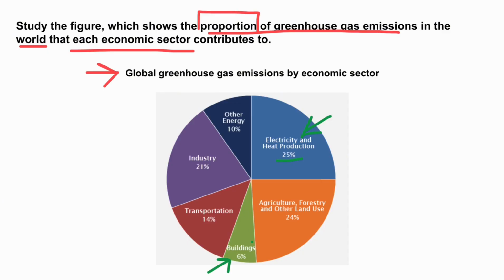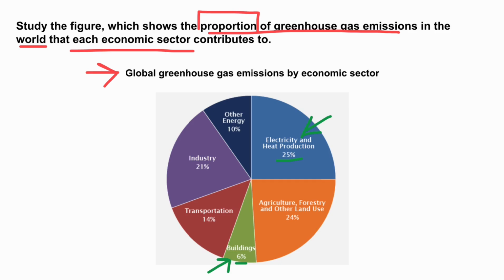Next point I want to give, buildings contribute the least. Again, quote the data, 6%. So these 2 points would already get you 2 marks. Where do you find a third mark if this, let's say, is a 3-mark question? You actually have a lot of choice as to where to find a third mark. You can talk about the second highest, second lowest, or right in the middle.